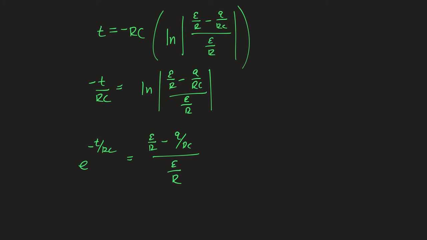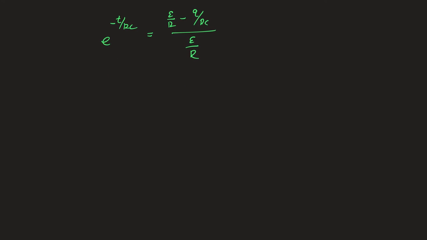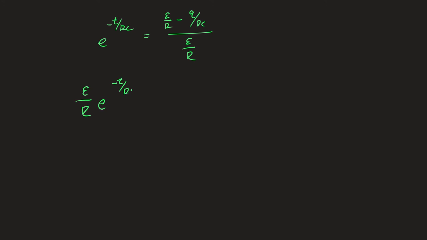Now I can solve for Q. It ain't pretty, but I can do it. I can multiply both sides by e over R. Just multiply both sides by this.